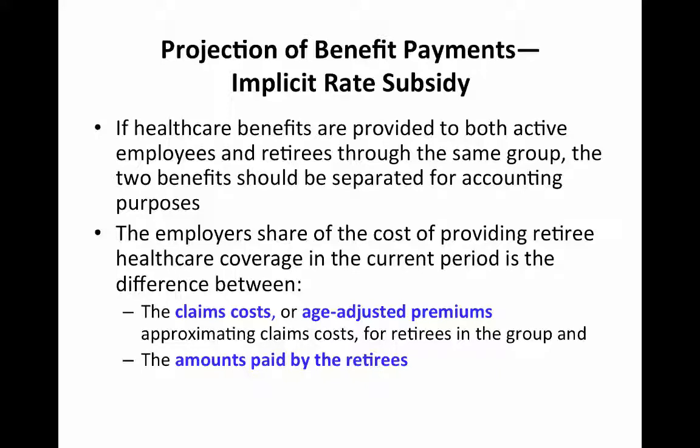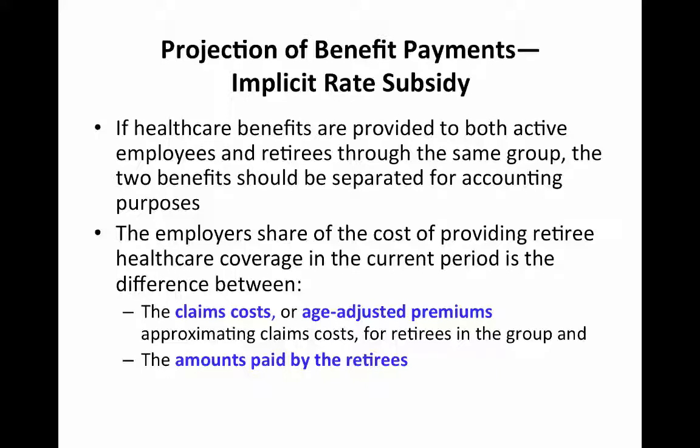One thing that is unique to OPEB is this thing that is sometimes called the implicit rate subsidy. The projection of the cost of OPEB is usually based upon claims costs, so the cost of actual insurance claims, or what is known as age-adjusted premiums, which approximate claims costs based upon the age of the people who are in the insured group.